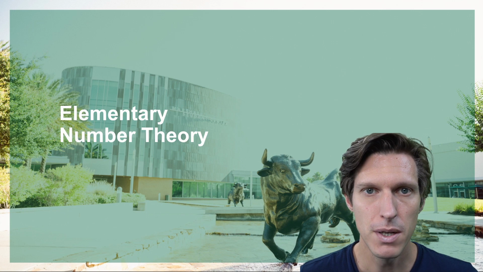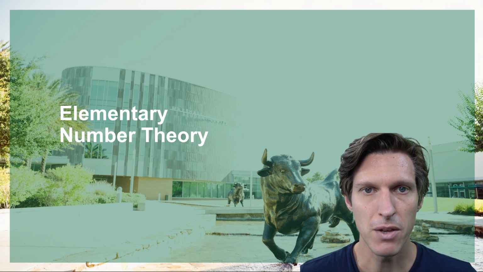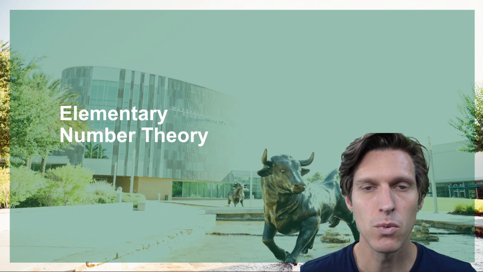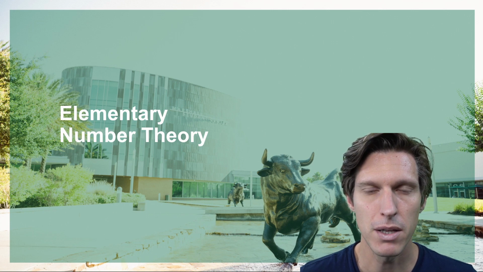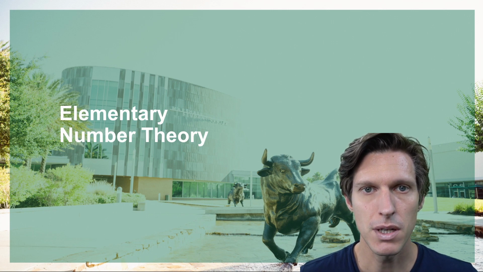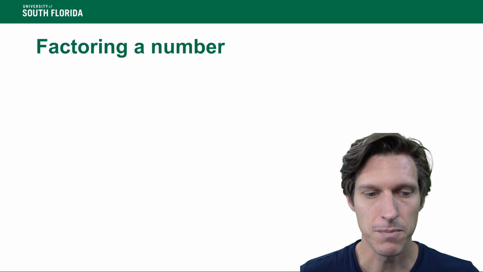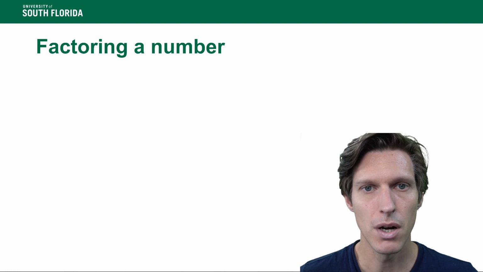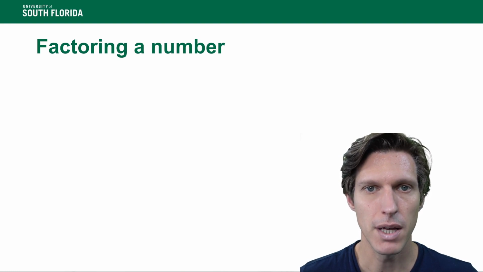So number theory, of course, is a very deep mathematical discipline, but we're just going to stay on the surface here by looking at some very elementary aspects of number theory that will occur in even the most basic descriptions of what happens in public key cryptography. So we need to understand what it means to factor a number.